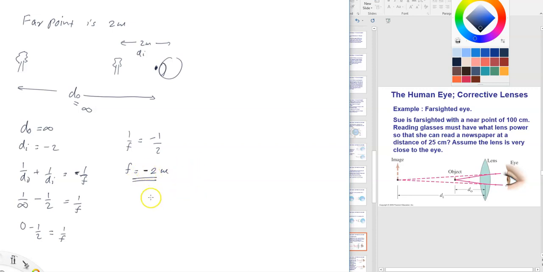This is negative, which means it's going to be a concave lens with a focal length of 2 meters. So a diverging lens. Now what about the power of this? Power is 1 over f, so negative 1 over 2, negative 0.5 diopters. Okay. So this is how you correct a nearsighted eye and give the ability to see faraway things.